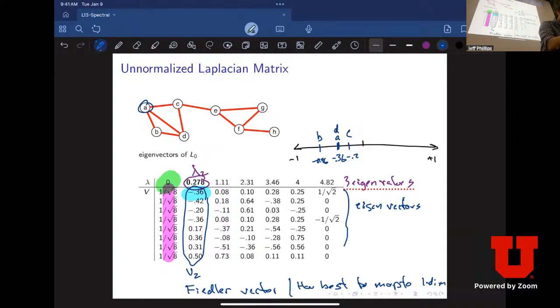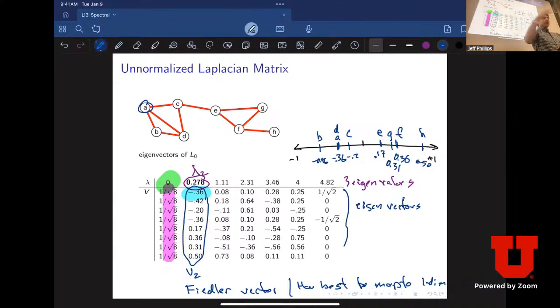E has 0.17, positive 0.17. F is going to be 0.36. This is F. G is 0.31. And then H, it's probably not that far over, but H is out here.